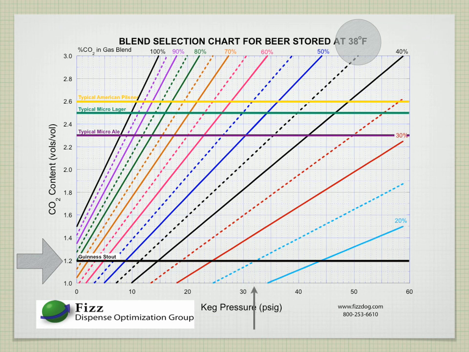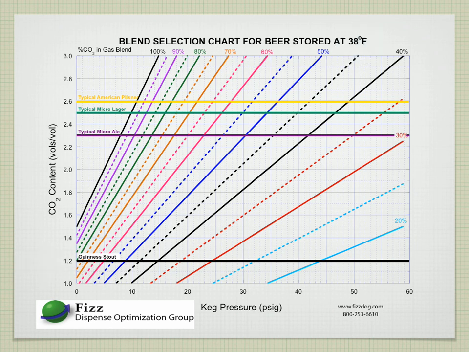So if you take the 1.2 black line from the left and go towards the right and intersect with where 32 psi is, you will hit 25% CO2. And you can tell that because of where it falls between the 30 and the 20 psi. So that range is 25% CO2, 75% nitrogen for Guinness Stout at 32 psig at 38 degrees.